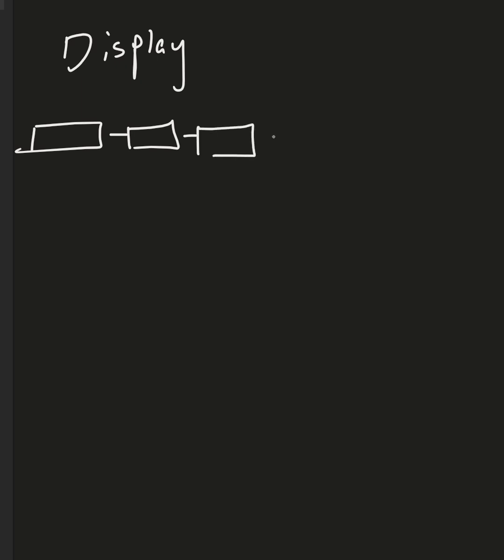Right now let's look at the display one, where we won't be changing any pointers, but we're going to be displaying it in reverse. So let's create a linked list. Let's take 5 elements. These are the addresses and these are the data values.